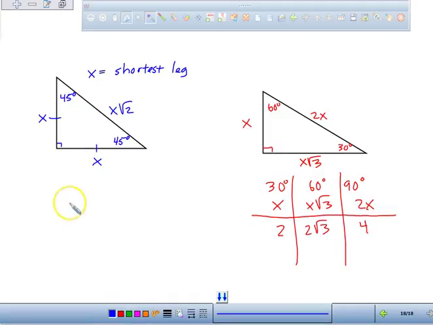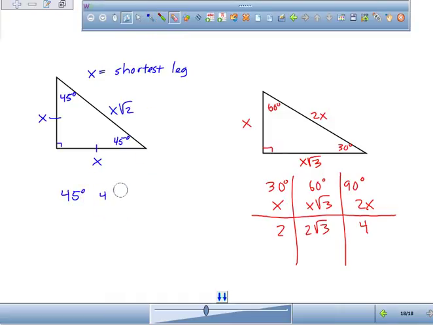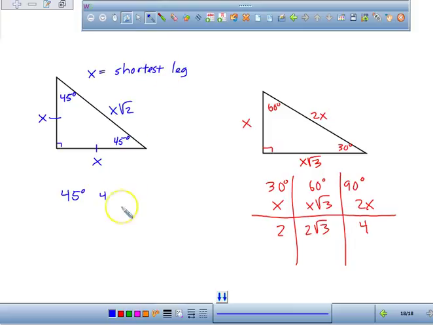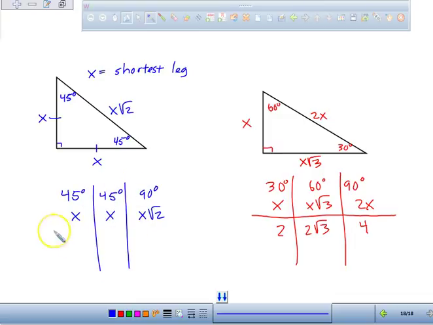Over here, for the 45-45-90, you should have this in your journal: 45, 45, 90, x, x, x radical 2. And what was our example for that? A 4, a 4, and a 4 radical 2. Those were your examples.